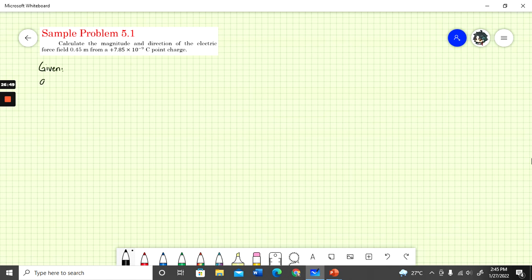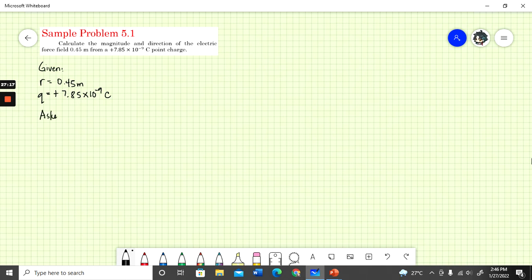Our first given is the distance between our source charge and our test point, so r is equal to 0.45 meters, and they gave us our Q, which is positive 7.85 times 10 raised to negative 9 coulombs.